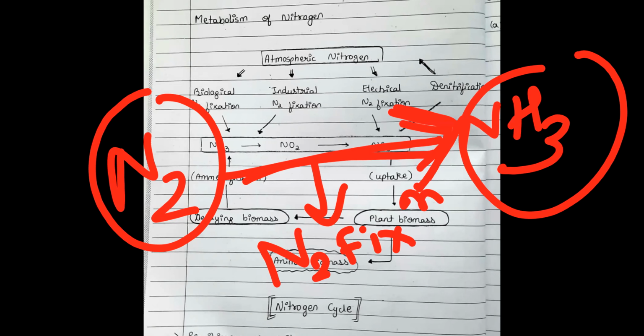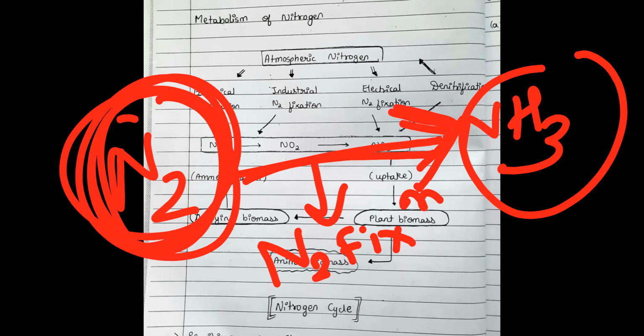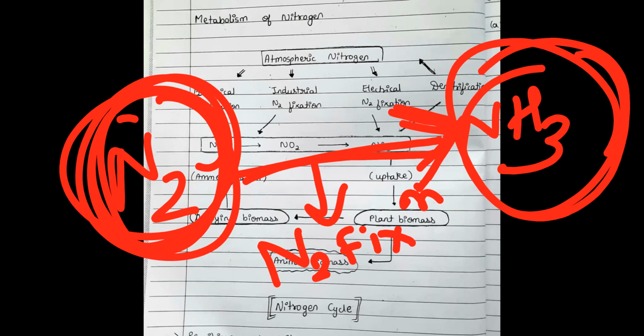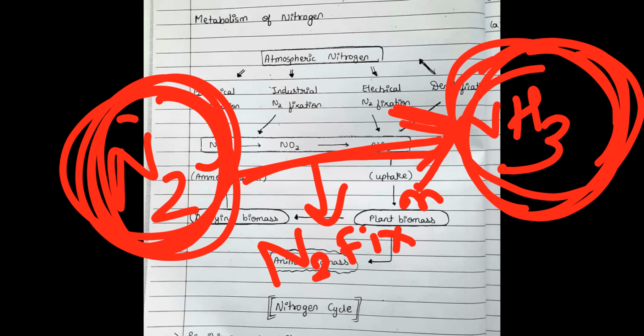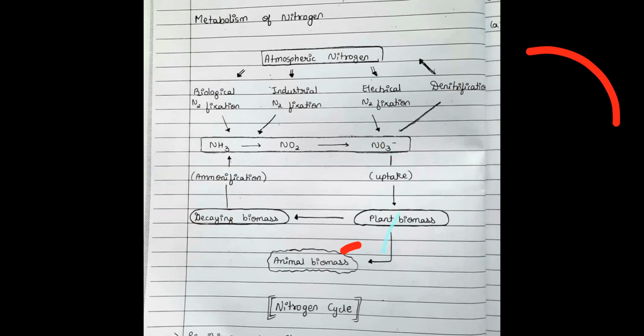The process of conversion of atmospheric nitrogen to ammonia. Plants can take nitrogen in the form of ammonia and nitrate. So now this nitrogen is fixed, that's why we use the term nitrogen fixation process.